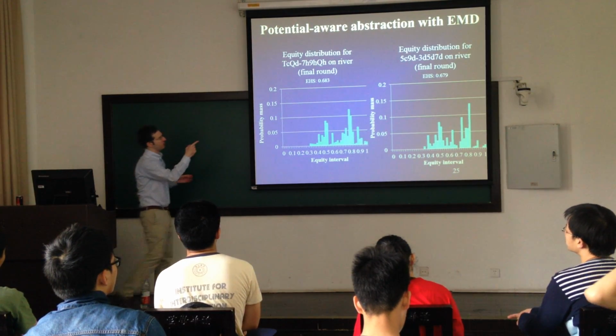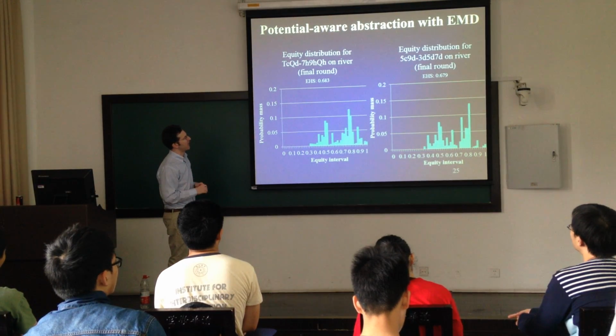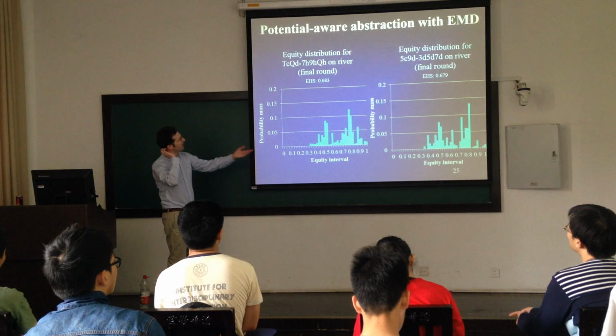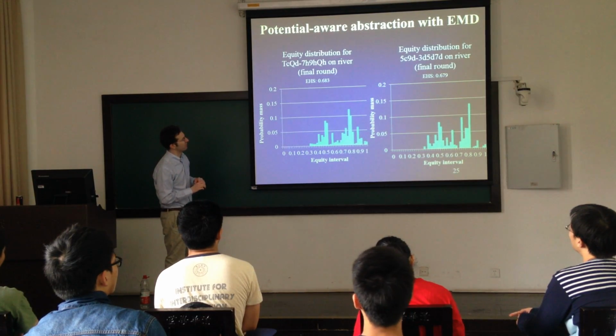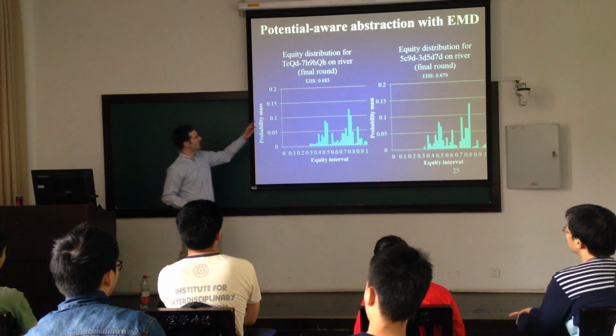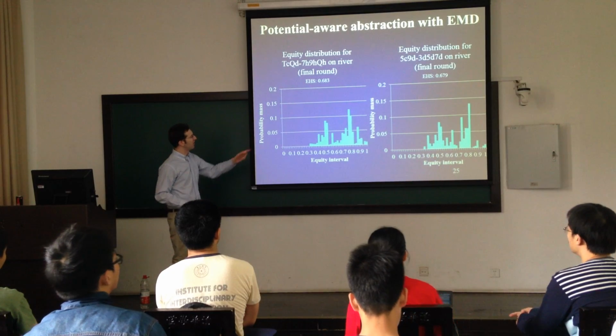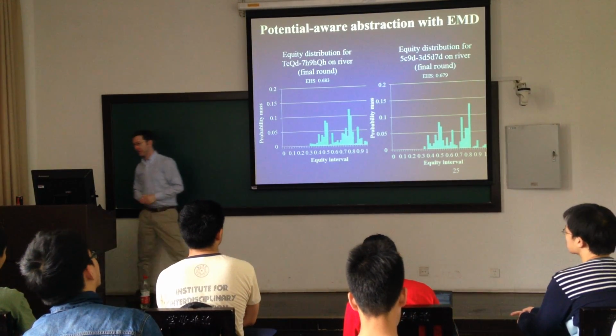The second hand is if we have the 9 of diamonds and 5 of clubs, and the board is 7, 5, and 3 of diamonds. In this hand, we have the second pair, and we do have a draw to a flush. You can see here that the expected hand strengths are similar. They're both around 0.68. And actually, the distributions look very similar too.